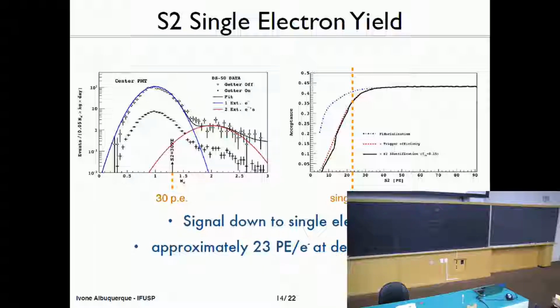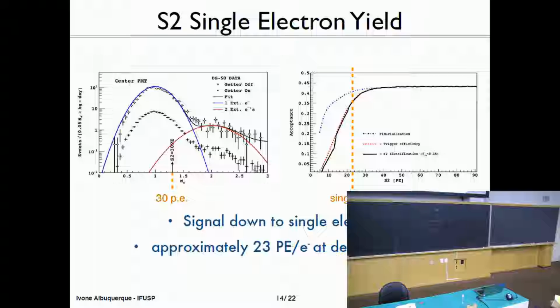However, there was a short period where the getter had to be maintained, and it was off. What we see is that the number of single electrons went up during this period. Here we have the number of electrons that are extracted, versus the number of electron distributions. Here is the data with the getter on, and here is the data with the getter off, and you can see that it increases.